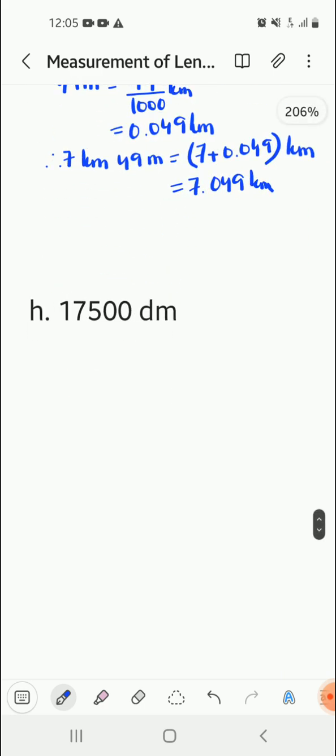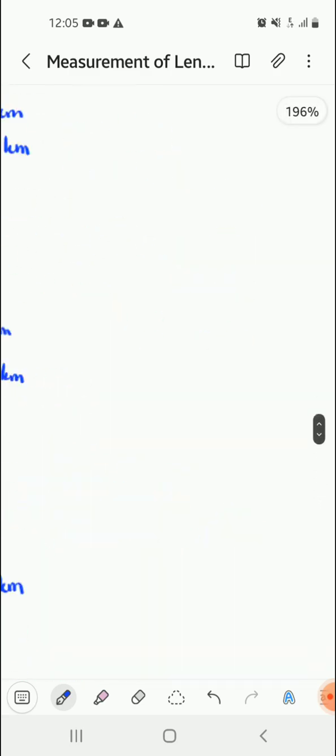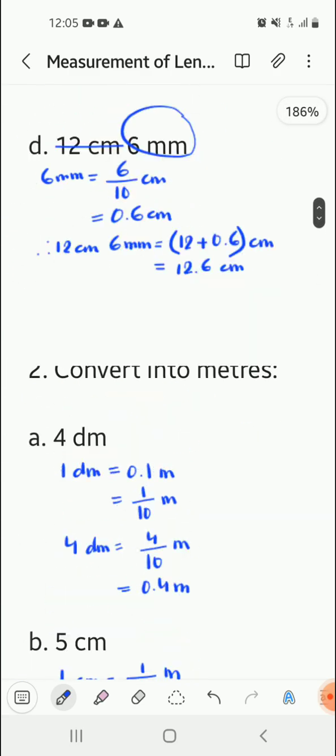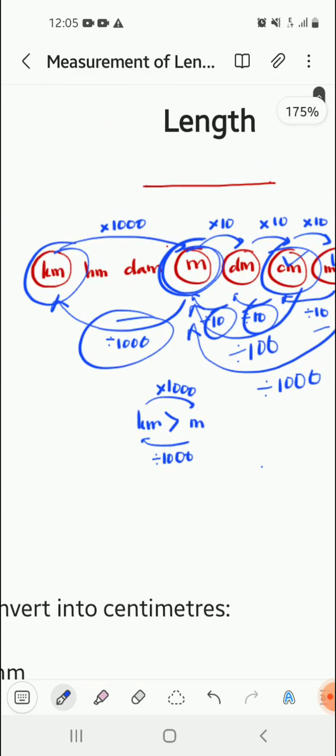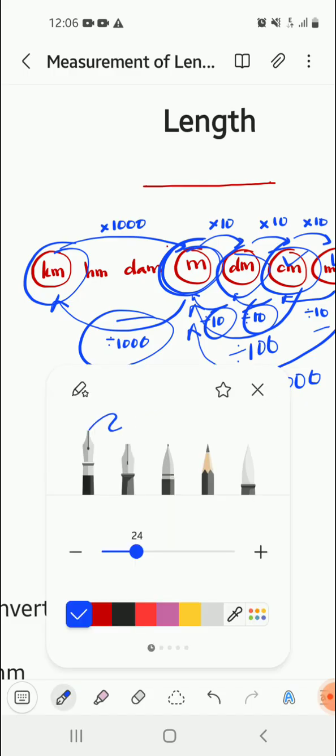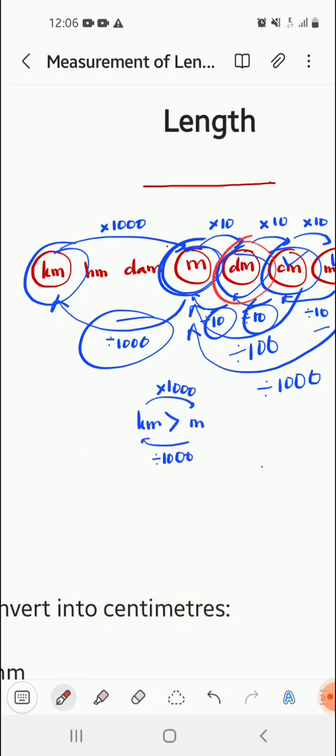Now we have got 17,500 decimeter. So decimeter, if you have to convert into kilometer, let's get back to this list. We are here in decimeter and we have to convert it into kilometer. This decimeter to kilometer. So you can see it is 1 step, 2 step, 3 step and 4 step.